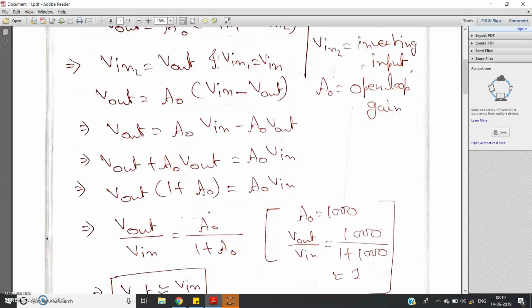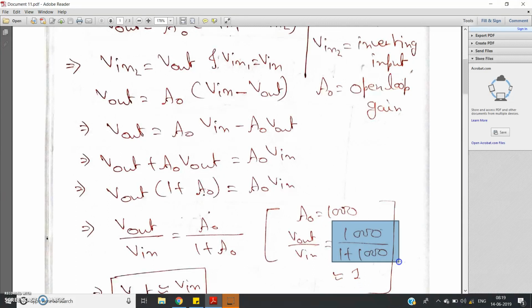Now as you know, the open loop gain of an op amp is very high, so A naught is approximately, suppose, 1000 or any very high value. Just observe what happens. Let us take a very high value such as 1000, just for example purposes. You can take any high value and apply this approximation: V output by V input is equal to 1000 by (1 plus 1000), which is almost equal to 1.